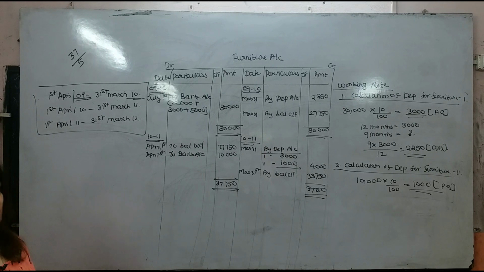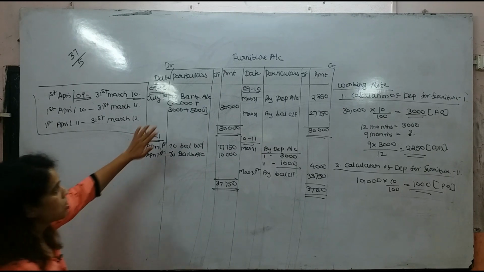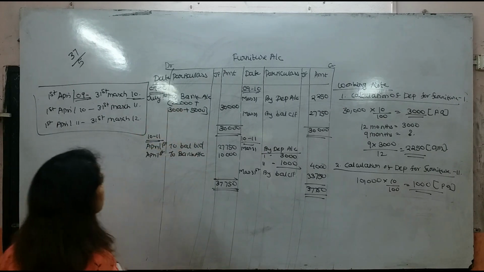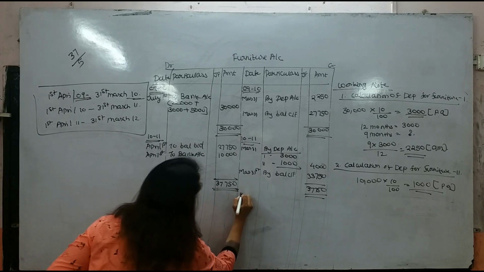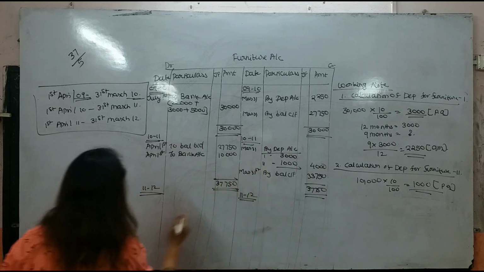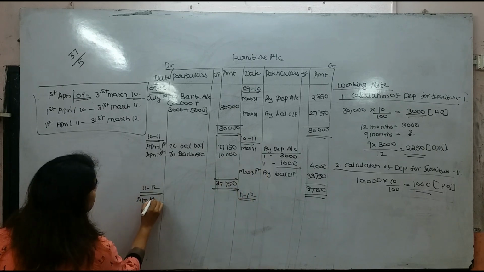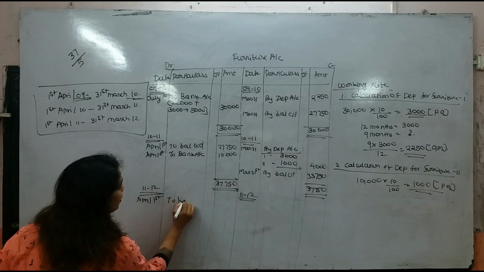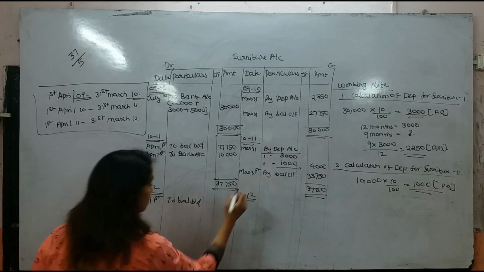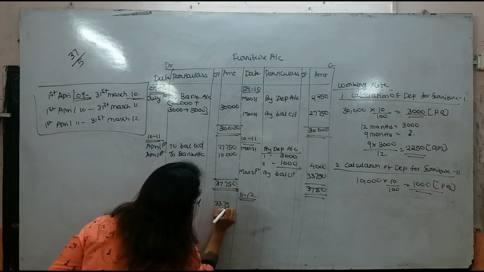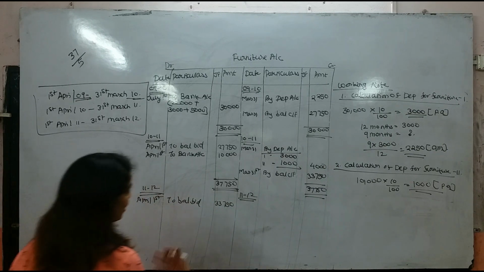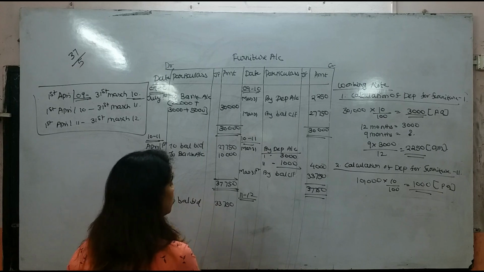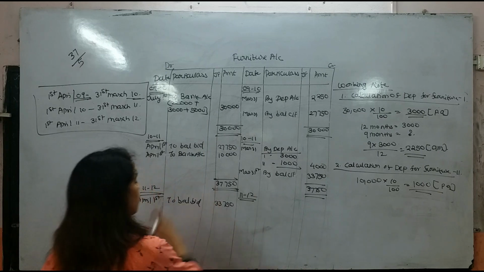They have asked us to prepare the furniture account for 3 years. First year, second year. Now we are going to prepare the third year, that is 11 and 12, 2011 and 2012. Again students, last year's closing balance will become this year's opening balance, 33,750. In this year we are not adding any other furniture, so we are using the same furniture which we bought earlier.